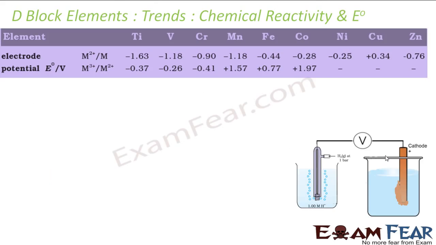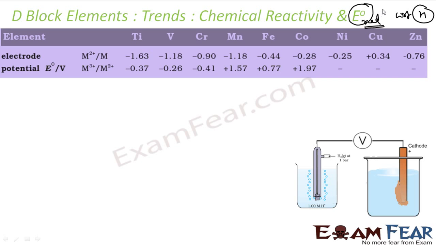Now we'll talk about the chemical reactivity comparison with respect to standard electrode potential. Okay, please note this E0 is nothing but E0 reduction, and this is calculated against hydrogen, that is SHE, the standard hydrogen electrode. Okay, this is for a typical reduction reaction.